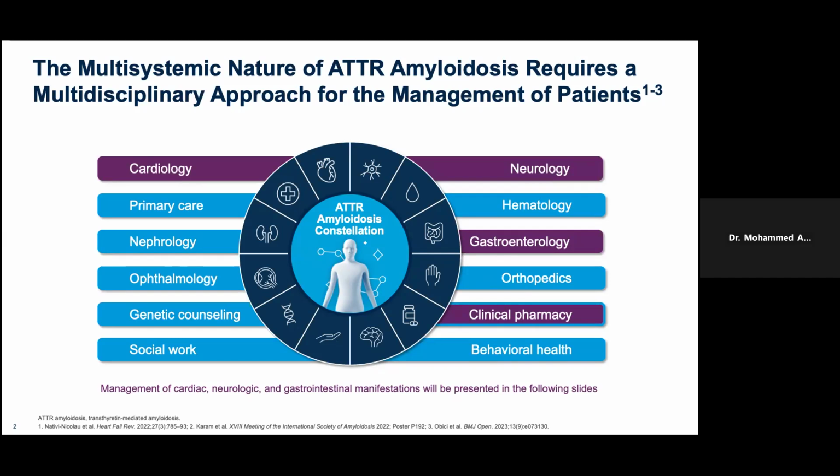Primary care physicians are often the first to encounter early manifestations such as bilateral carpal tunnel syndrome, lumbar spinal stenosis, unexplained heart failure with preserved ejection fraction, or peripheral neuropathy. Their awareness is essential for reducing diagnostic delay, which remains the major challenge in ATTR amyloidosis.